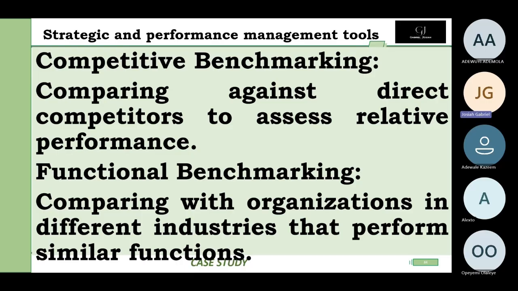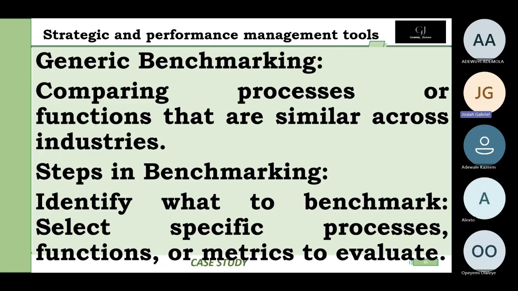You're comparing with organizations in different industries that perform similar functions with yours. So the functions that are similar to yours in other organizations could be benchmarked so that you can attain that standard. Very key. Then the next one is generic benchmarking, comparing processes, systems, and functions that are similar across industries to yours.